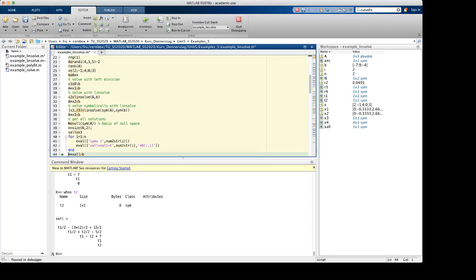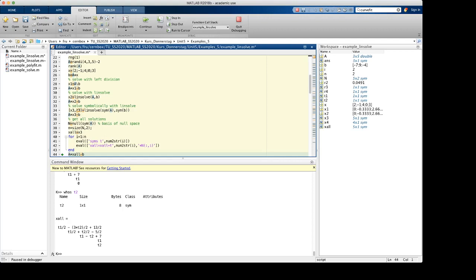It's a particular solution plus t1 times the first basis vector plus t2 times the second basis vector. Here you see the power of the function eval, which allows you to generate variables during execution. Symbolic variables in this case.